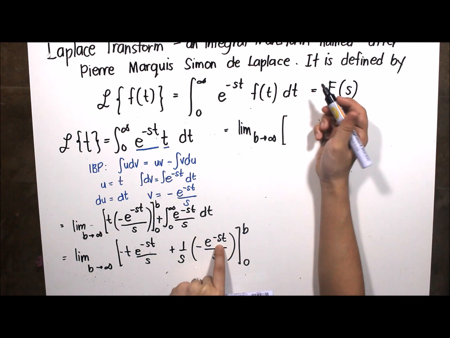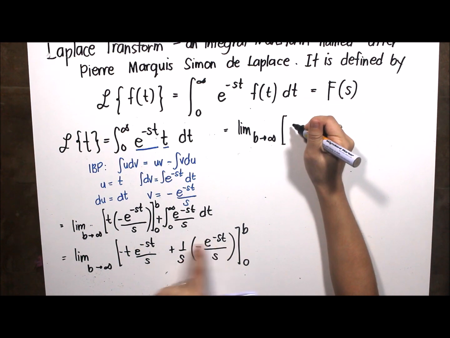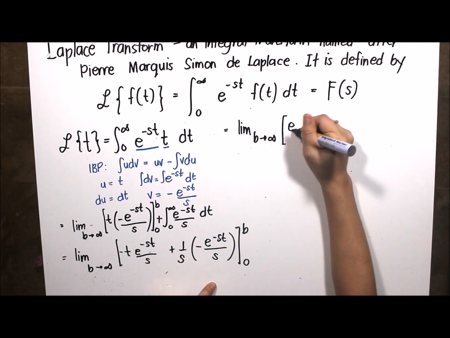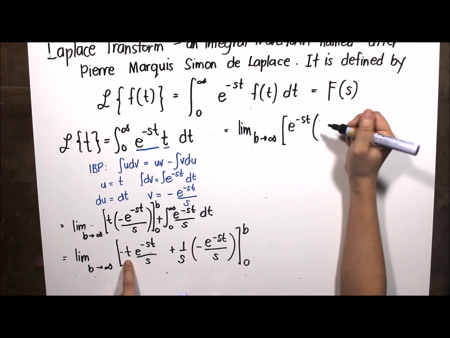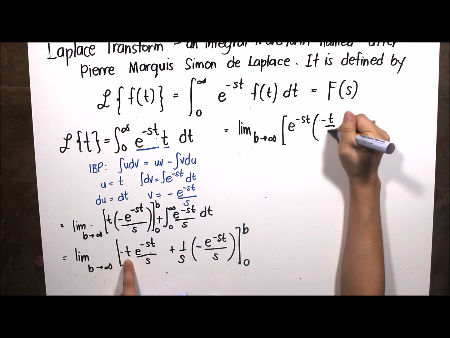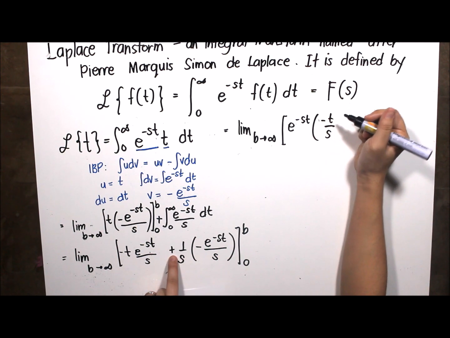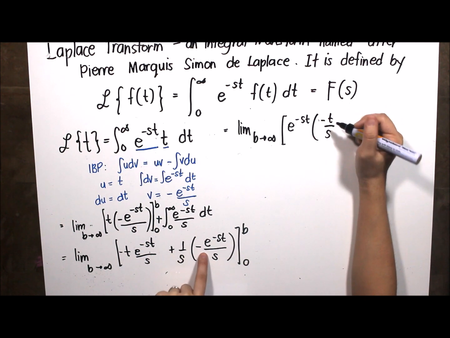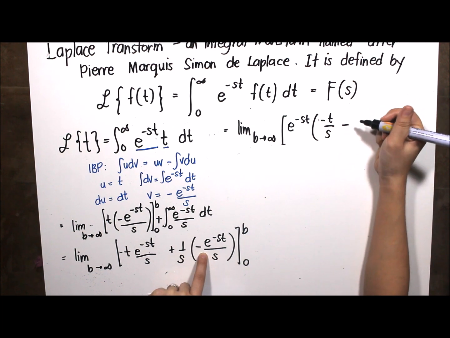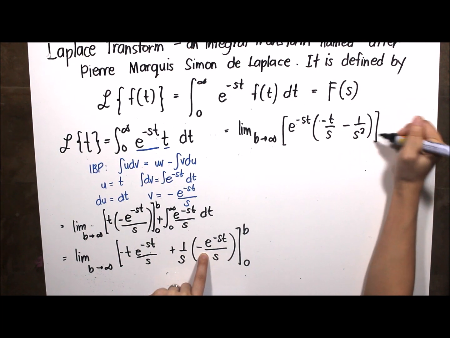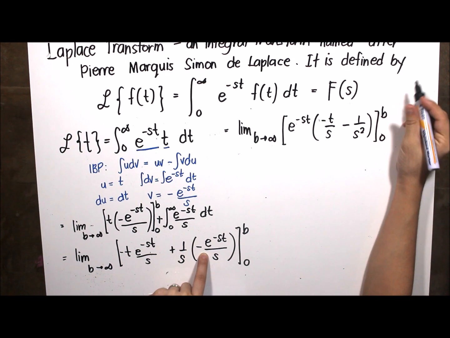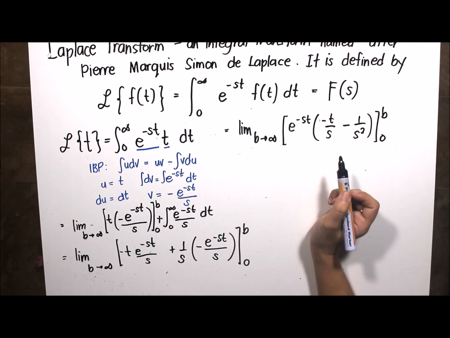Tsaka ito common. So, pwede natin itong ilabas. Multiply natin yan with negative t over s. Positive, negative, so negative ulit. 1 over s squared. Limits from 0 to b as b approaches infinity.